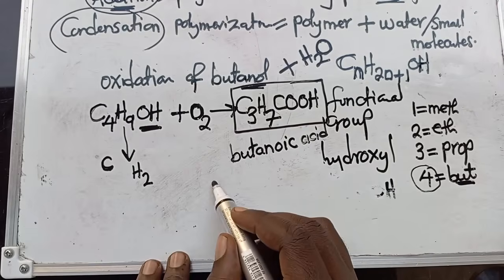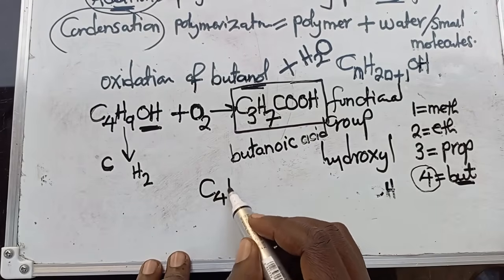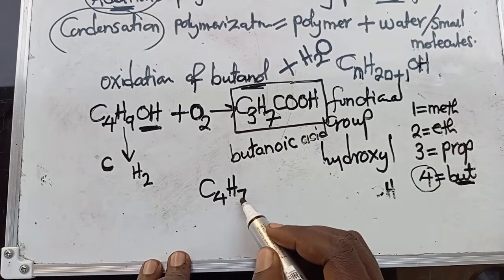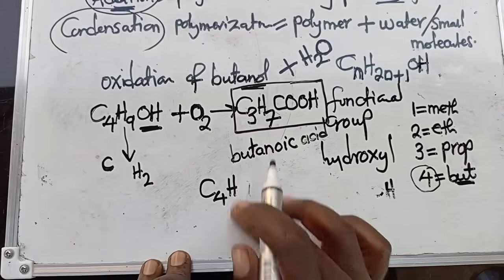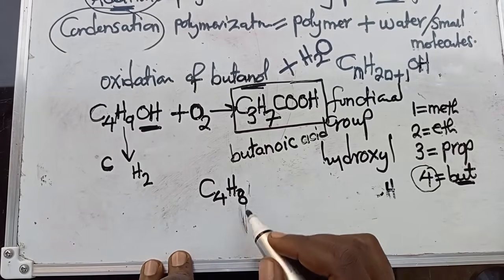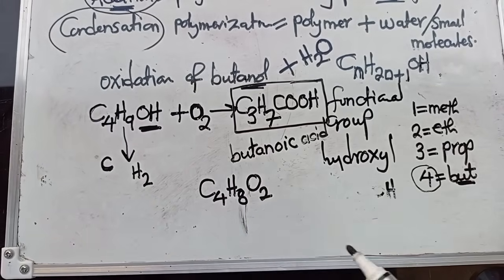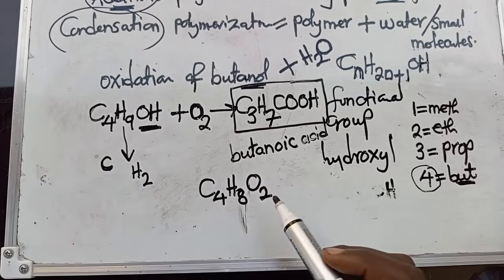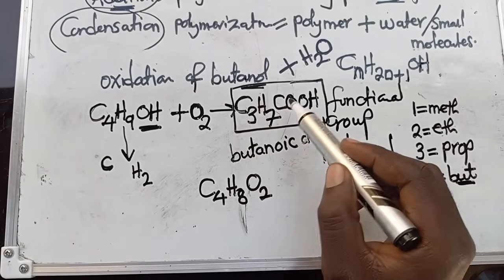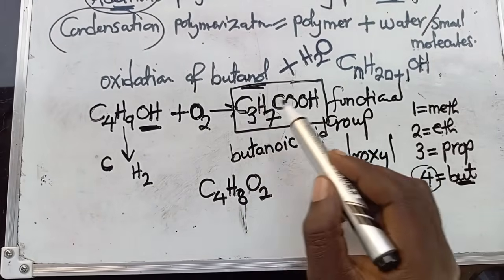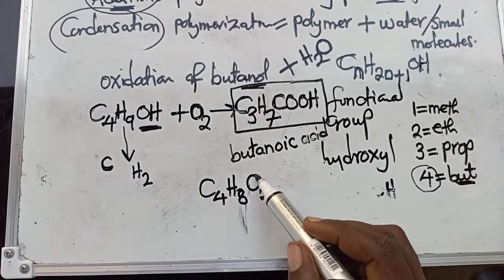Some people write it like this. They'll put 4, H there, they'll put 7, or they may put 8 there, then they may put O2, like this. Carbon is 3 plus 1, 4. Hydrogen 7 plus 1, 8. Oxygen is 2.